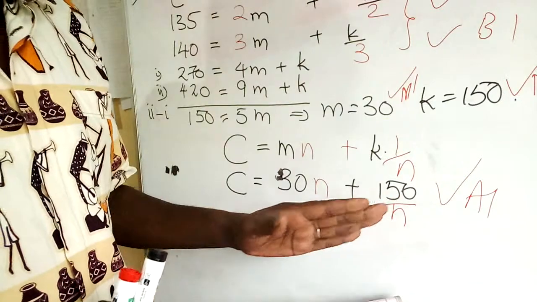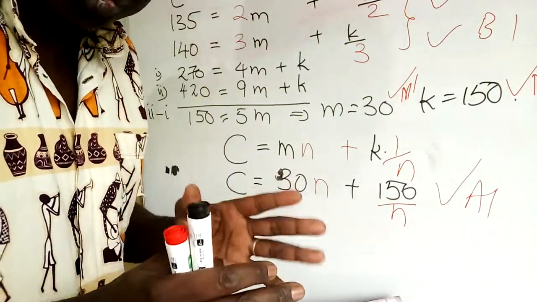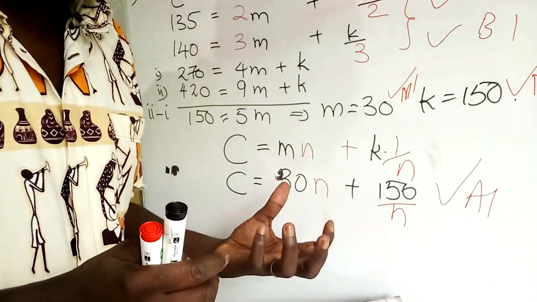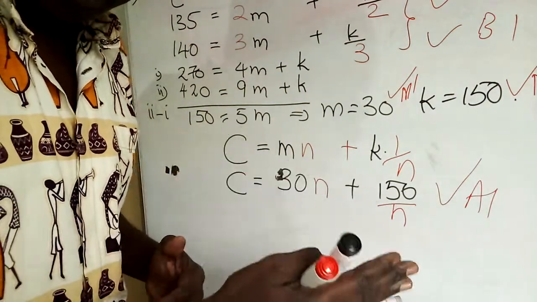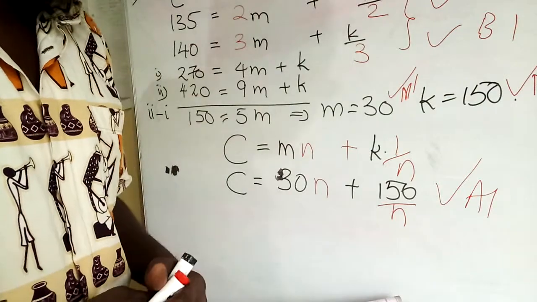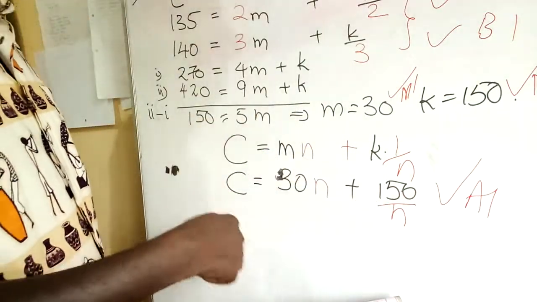I'm using red and black to show you the essence of variables and constants. They are variables and they are constants. So this is how you finish your work.